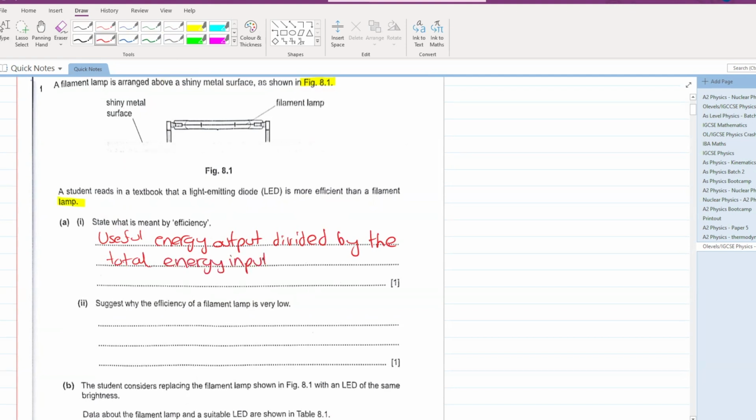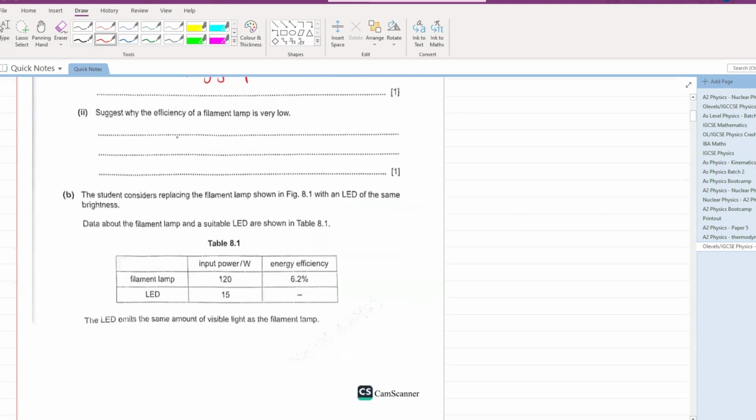Simple. State why the efficiency of a filament lamp is very low. Why is the efficiency of a filament lamp very low? Because the heat losses in a filament lamp are large. That's why.